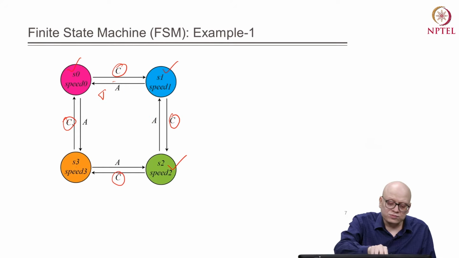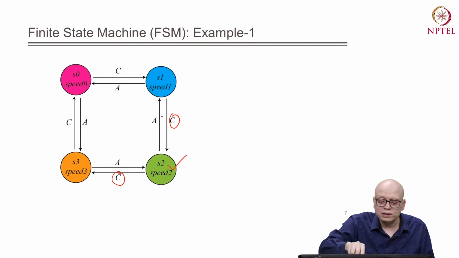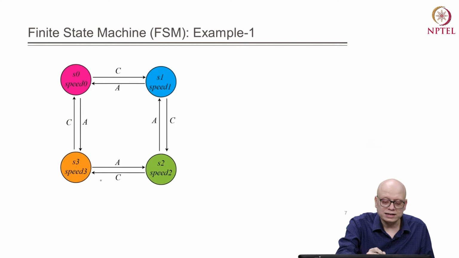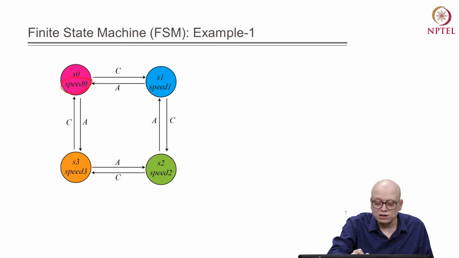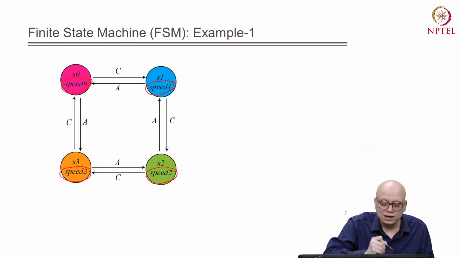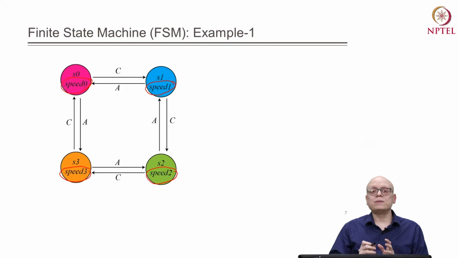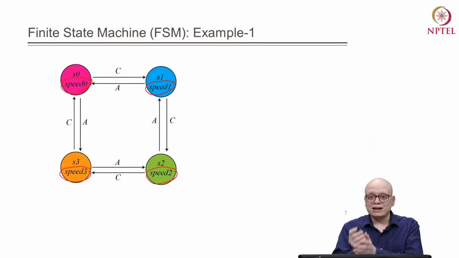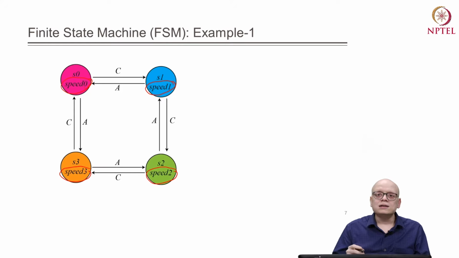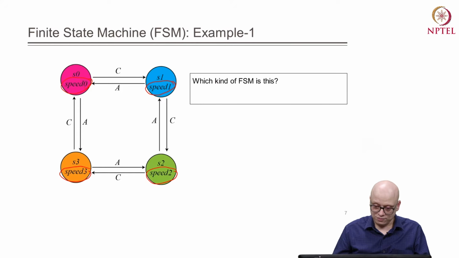And on each vertex, we mark the corresponding output. For S0, we have the output as speed 0. For S1, we have speed 1, for S2, speed 2 and for S3, speed 3. So, these are the outputs. So, this is the finite representation of the FSM of a fan regulator as a state transition graph, right.